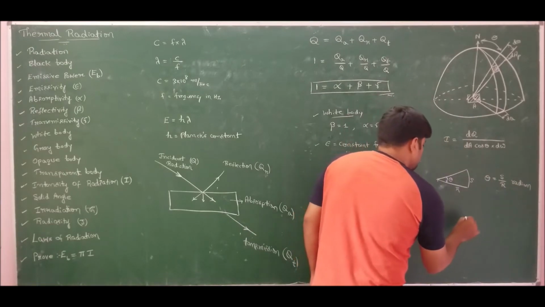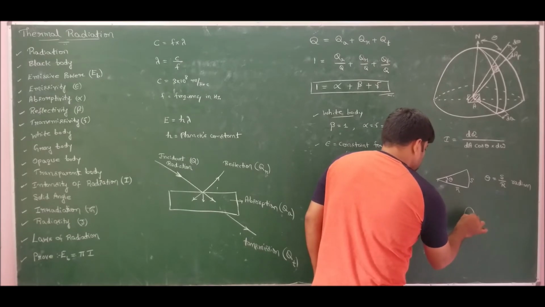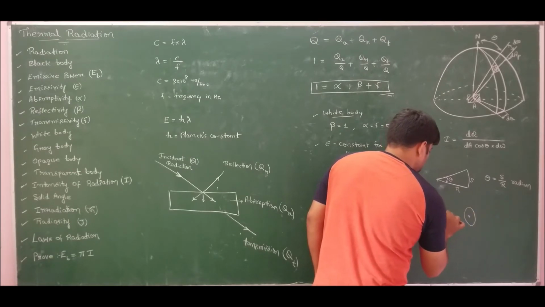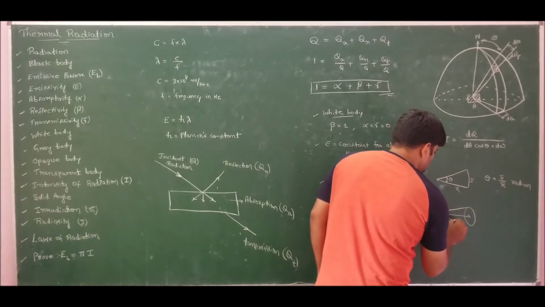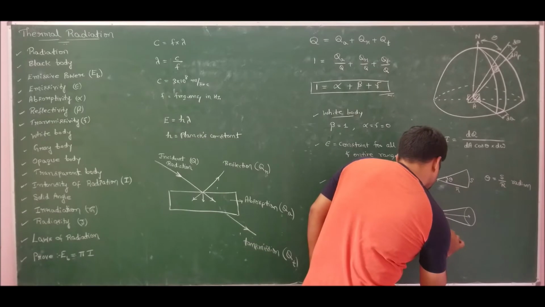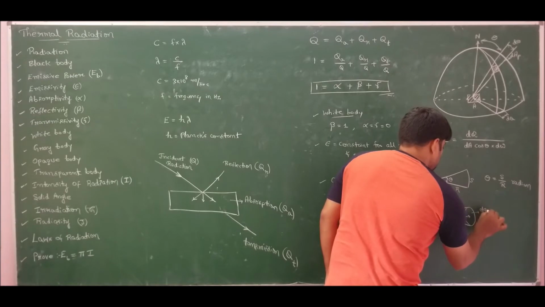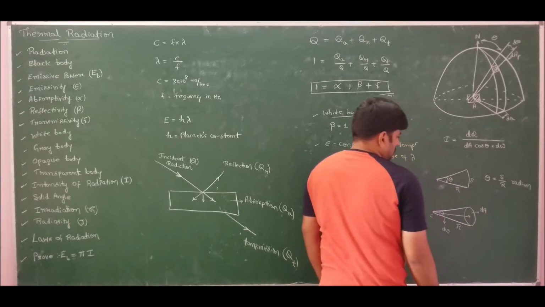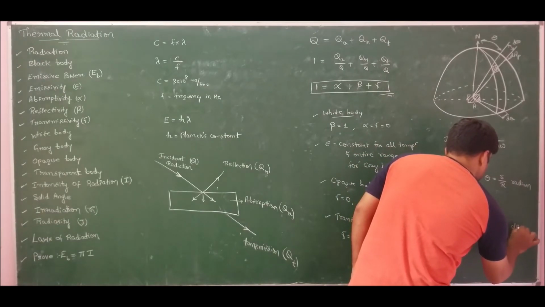Whereas solid angle is defined as, if I consider a conical surface like this and project it to the center, here I will get an angle at the center C like this, which is termed as solid angle d omega. If I consider this as area dA and radius as r, then I can define the solid angle d omega as dA by r square.